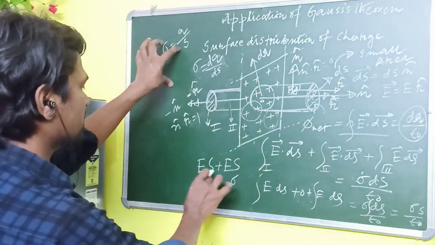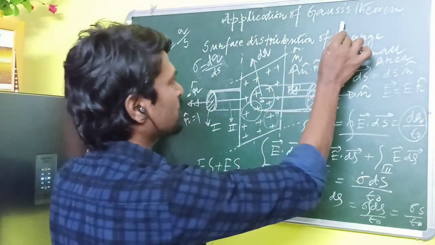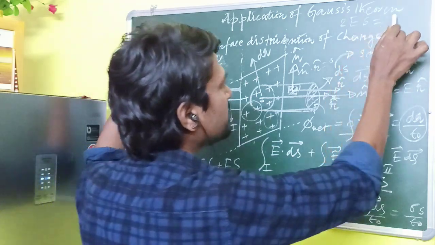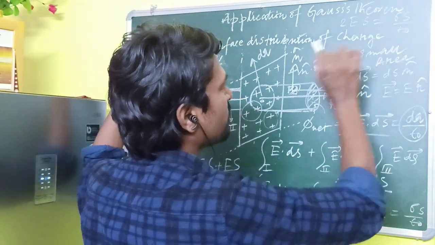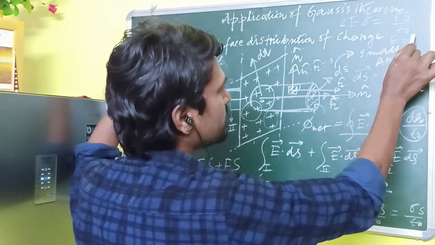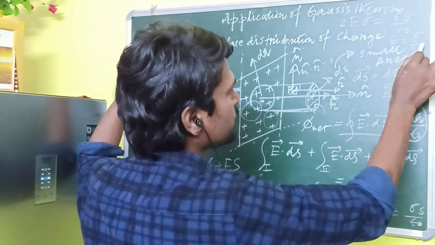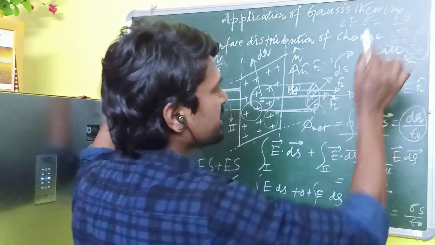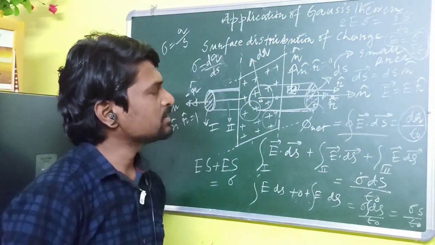So E S and E S turn into 2 E S. That is, 2 E S equals sigma S by epsilon naught, and S cancels. So the electric field equals sigma by 2 epsilon naught.